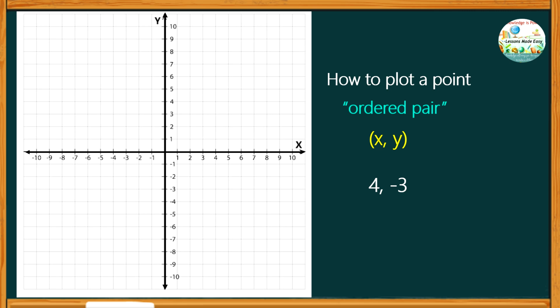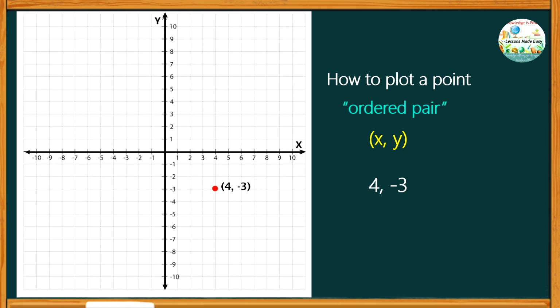Since our number is positive 4, we go 4 units to the right. Here is 1, 2, 3, and 4. Since our second number is negative 3, we need to count downwards. So here's negative 1, negative 2, and negative 3. Then we plot a point at the exact location where this ordered pair meets, right here.